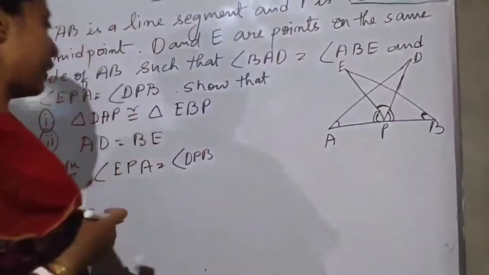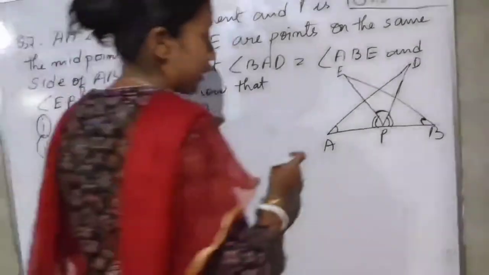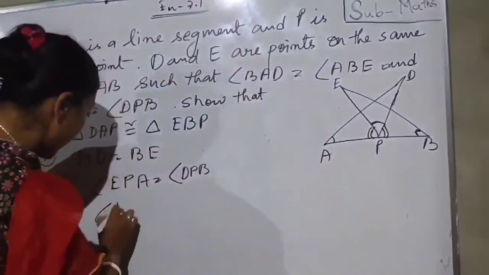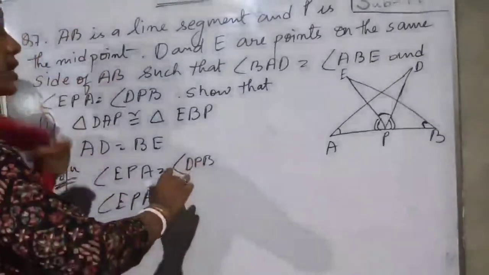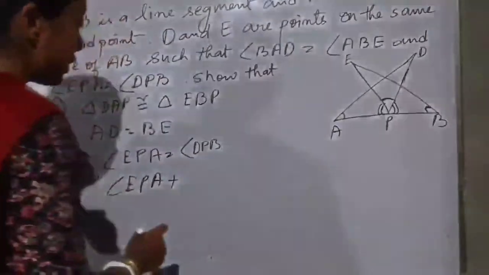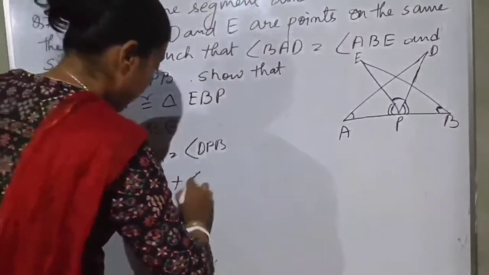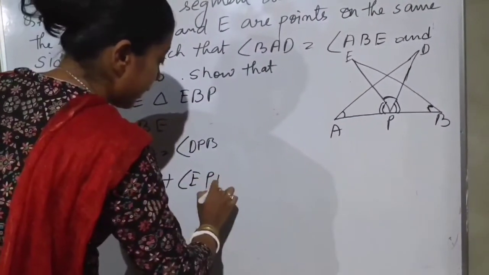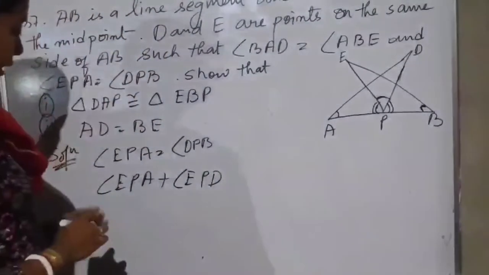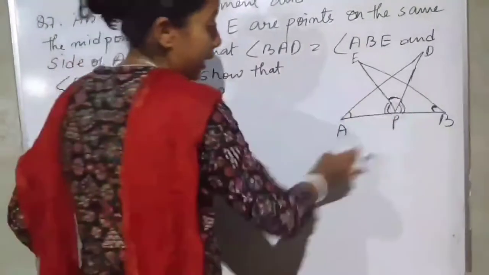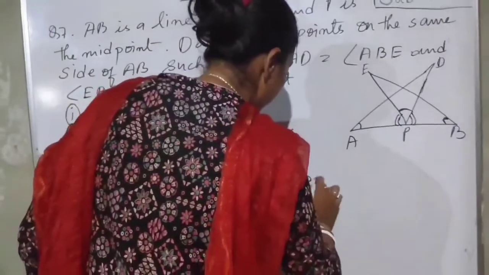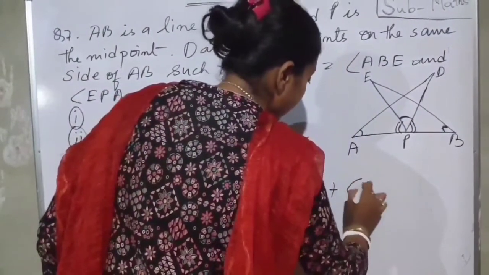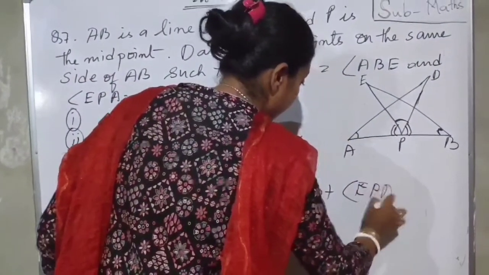So we can write angle EPA plus angle EPD, and this side also angle DPB plus angle EPD.